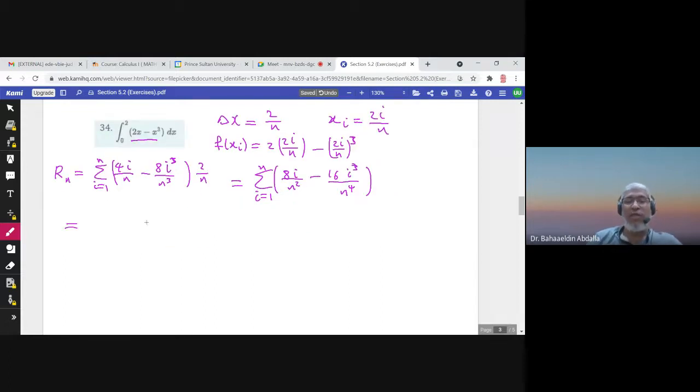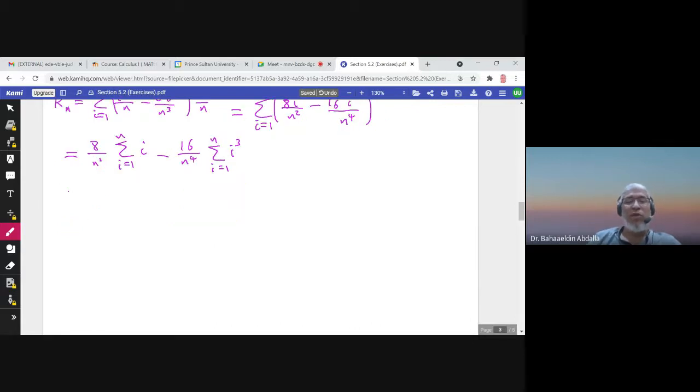Then I will expand the summation, taking 8 over n squared, the constant, outside, and I will have summation of i, then minus 16 over n to the power 4 is a constant, and I will have summation of i cubed from 1 to n.